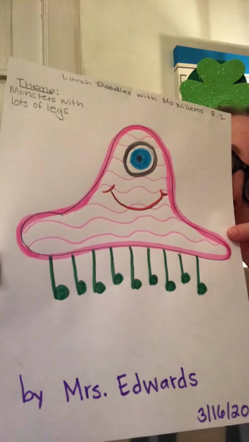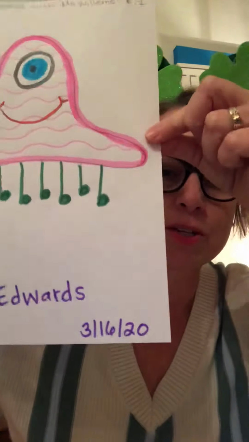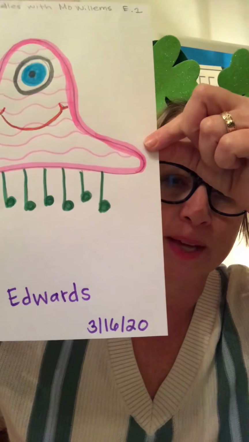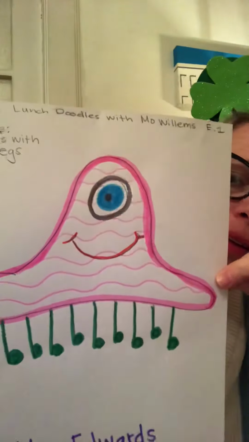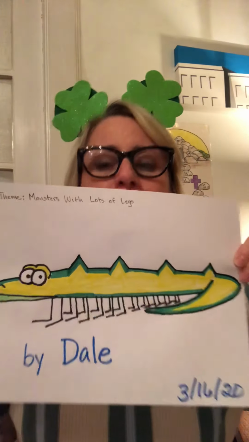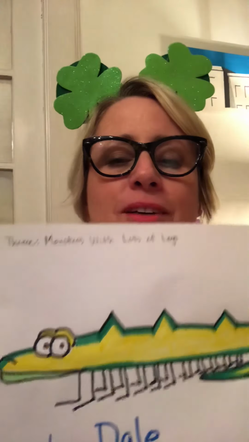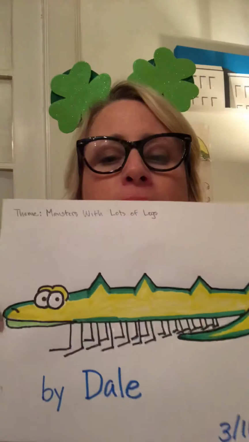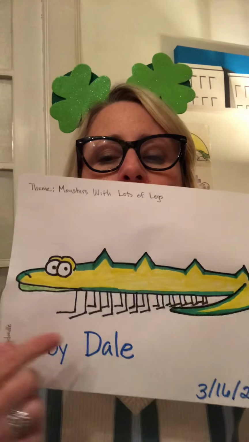And he encourages you to autograph your work and to make sure you put a date on it, a timestamp. Okay? So there's my monster with lots of legs. And here is Mr. Edwards' Monster with Lots of Legs by Dale with the date. Isn't that cute? He's actually a better drawer than I am. But look at all those legs.